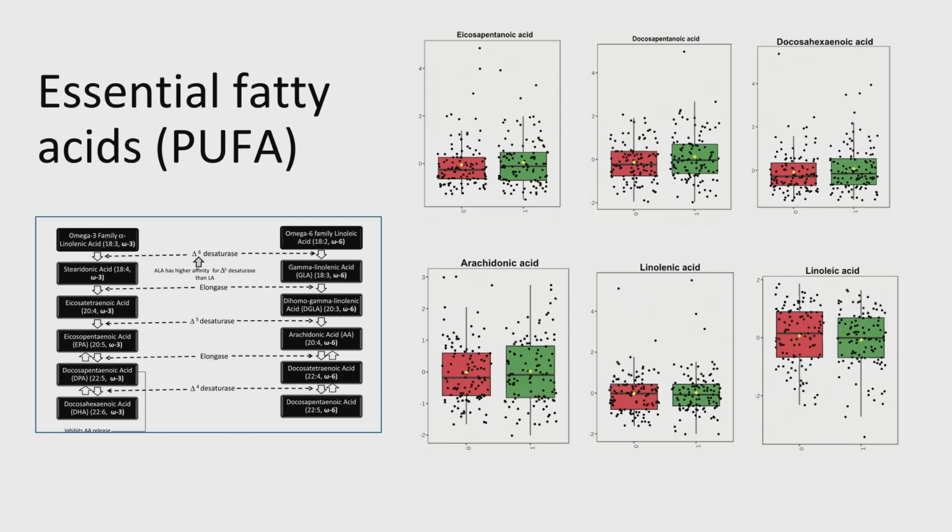Also, we can do this with fatty acids. And so pre and post Trikafta, there are 2 fatty acids, linoleic and linolenic acid, that human hosts don't have the enzyme to make. So they have to come in through our diet. They are eventually the basis for the production of longer chain fatty acids, which are the omega-3, DHA and EPA, and the omega-6 fatty acids, like arachidonic acid.